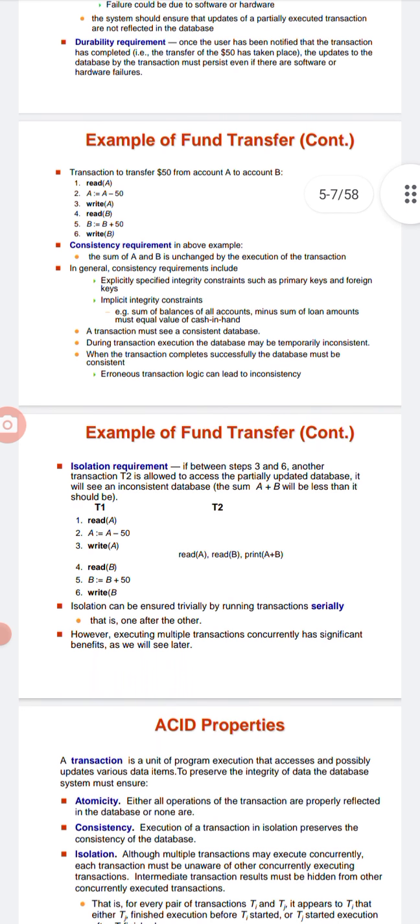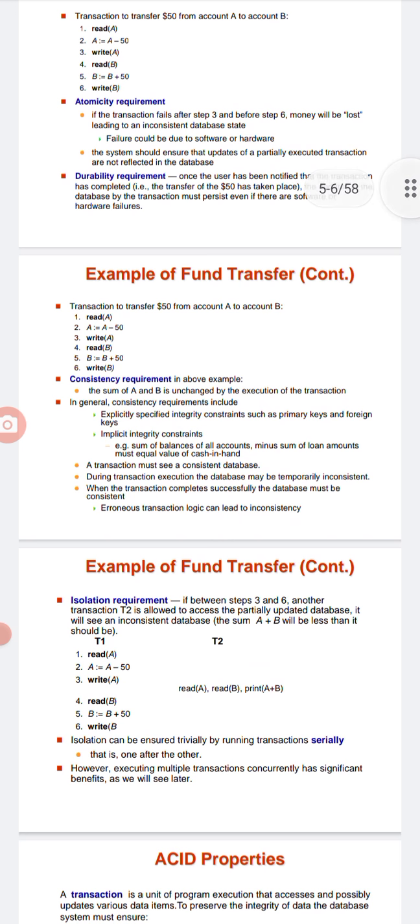Example of funds transfer, isolation requirement. If between steps 3 and 6, that means between write A and write B, another transaction T2 is allowed to access the partially updated database, it will see an inconsistent database. The sum A plus B will be less than it should be.